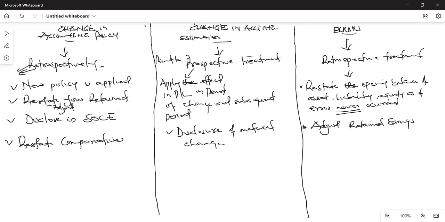Not only that, we need to disclose the effects in a statement of changes in equity, and also restate our comparatives.